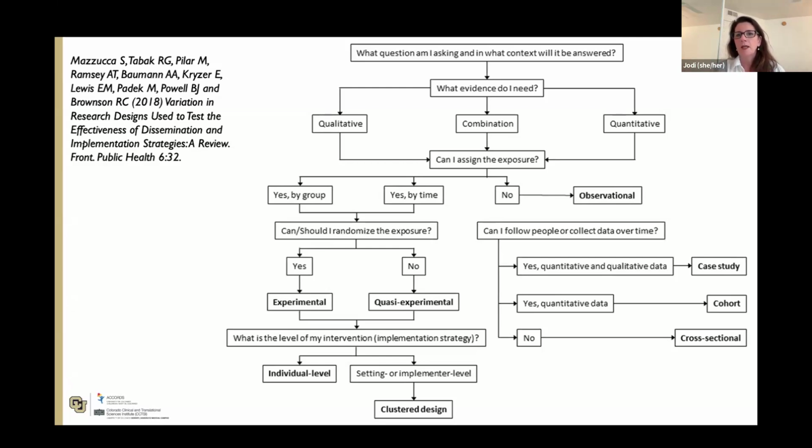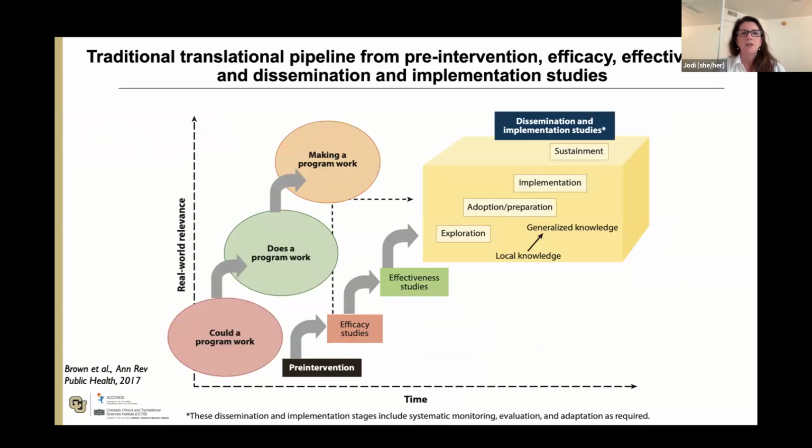Over there on the right, the question is, can I follow people or collect data over time? And then there's some answers on that based on whether you want quantitative, qualitative, or you're not going to collect data over time in terms of some study designs. So keep in mind that there are different types of research, and the D&I research is up over in that yellow box on the right.